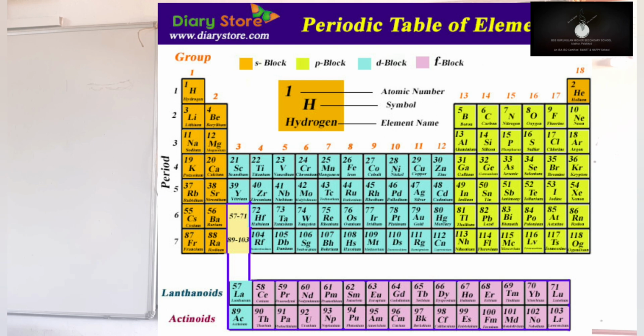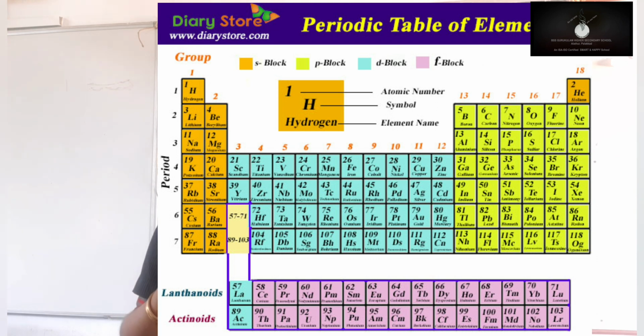From 3 to 12, it is the d block; you have 10 groups under the d block. From 13 to 18, it is the p block; that is 6 groups. And you can also see the f block, which is kept just below the periodic table.